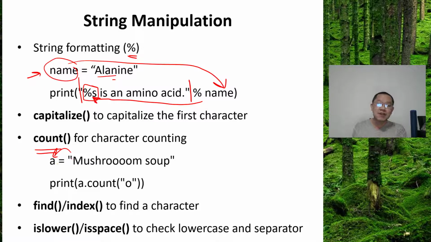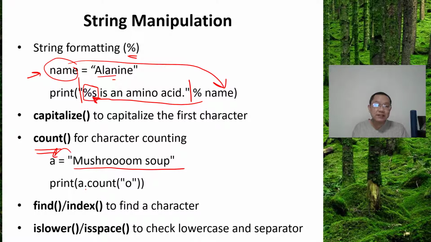For example, we give this value of string to a variable a, and then we use this pattern a dot count in the parentheses under the double quote o. So what does this mean?